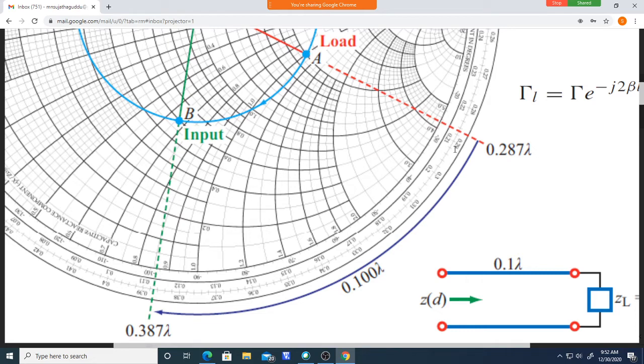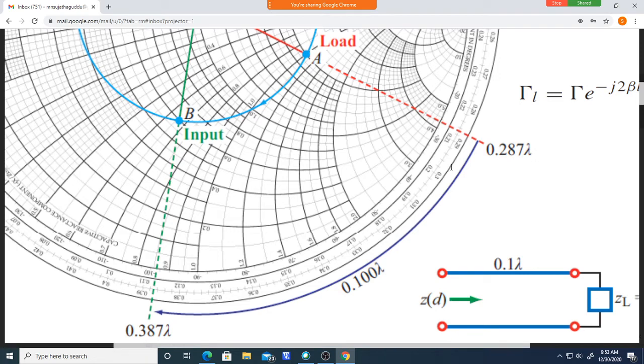So the smaller division is 0.005 lambda, because there are 5 divisions. From here to here, 0.005 lambda. But from here to here, a bigger division, it is 0.01 lambda.